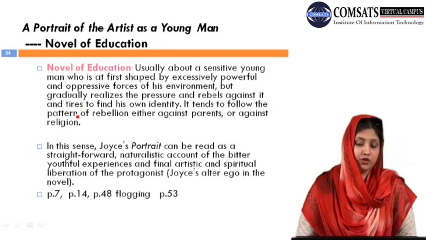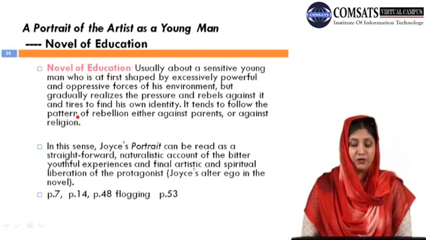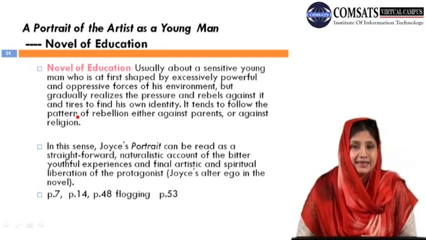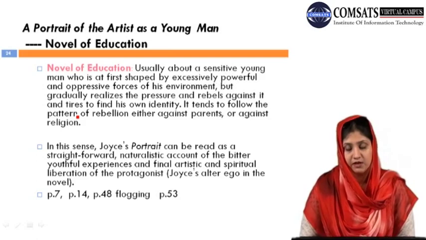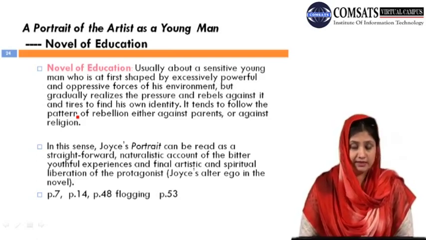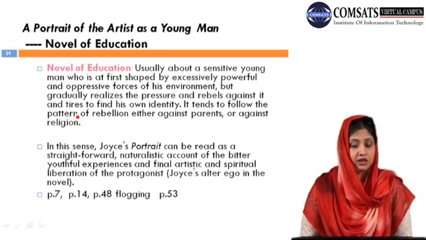Why do we call it a novel of education? It's usually about a sensitive young man who is at first shaped by excessively powerful and oppressive forces of his environment, but gradually realizes the pressure and rebels against it and tries to find his own identity.